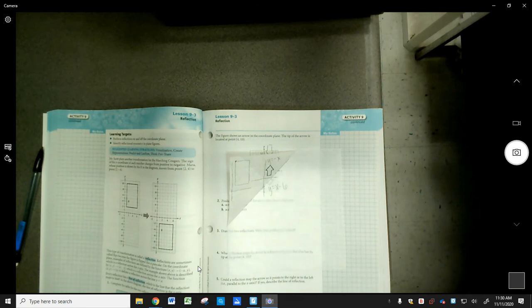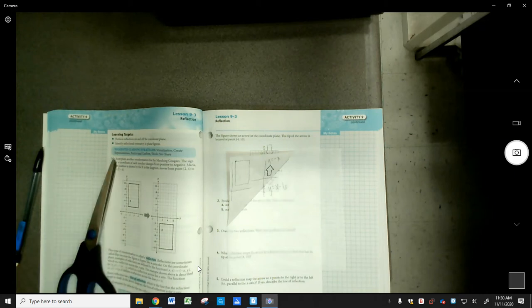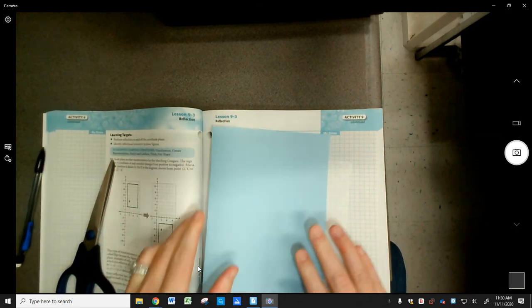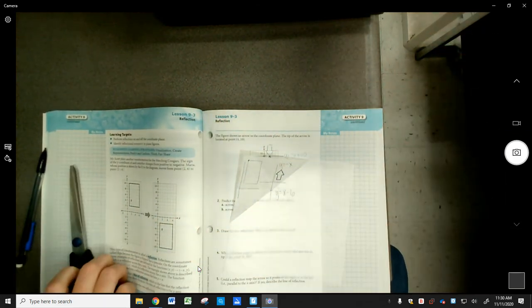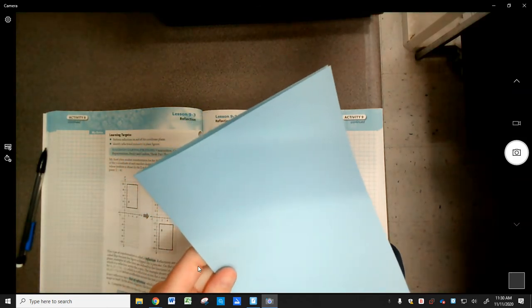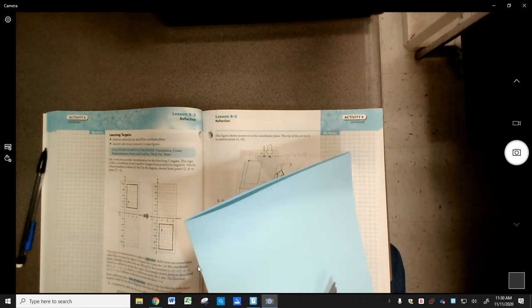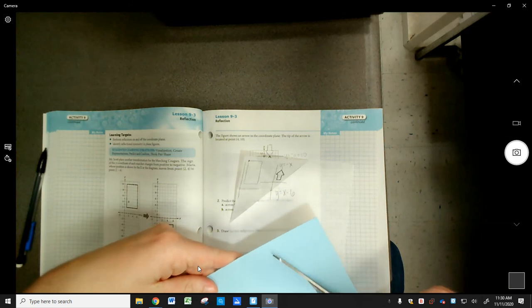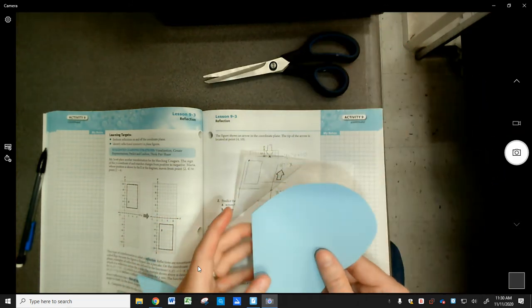in elementary school with scissors and paper. Did you ever take and draw a heart and cut it out? Did you ever fold a piece of paper and then cut out a heart?